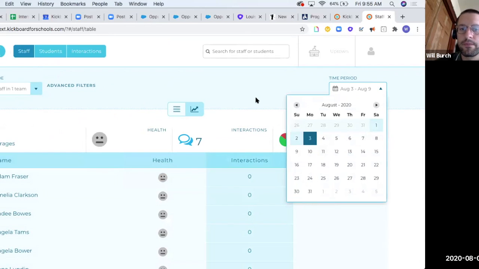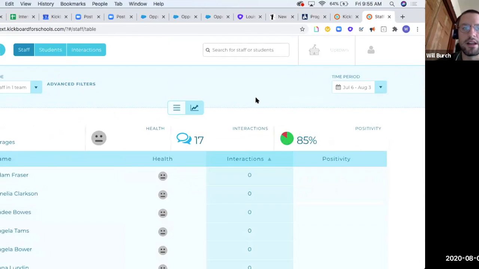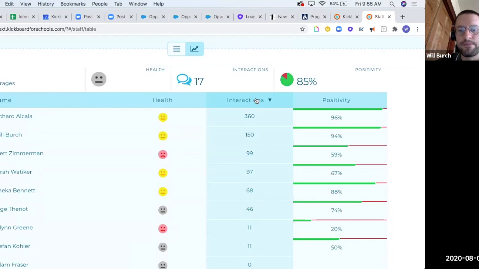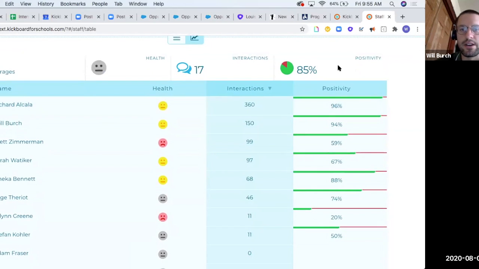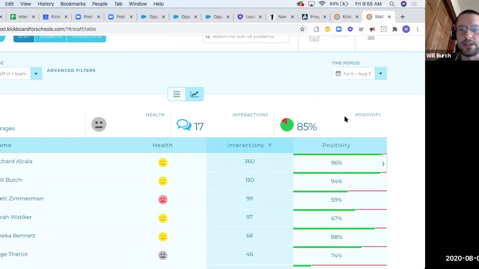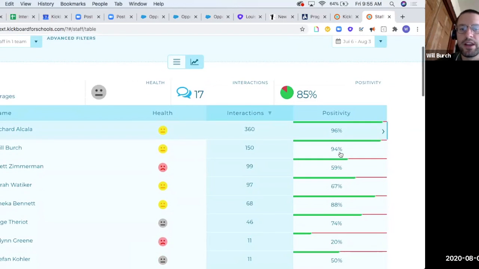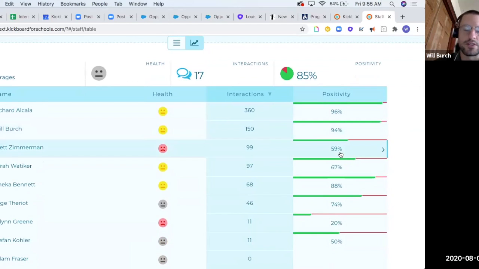What I'm looking at right here is staff interactions. I can see the number of interactions and positivity ratio for each teacher. For grade level team meetings, a lot of schools that I work with will start there, analyzing data across their grade.